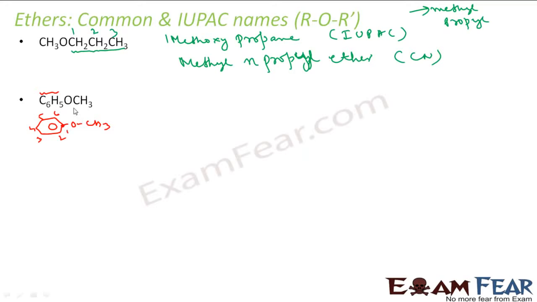So at position 1 I have methoxy. This whole thing, OCH3, is methoxy. So it is nothing but 1-methoxybenzene, or you can just say methoxybenzene. It is methoxybenzene, and that is my IUPAC name.